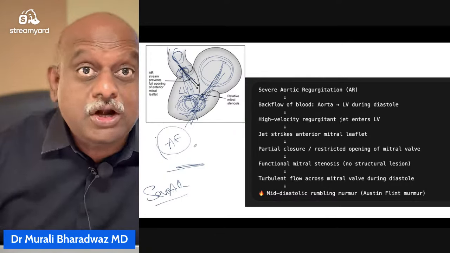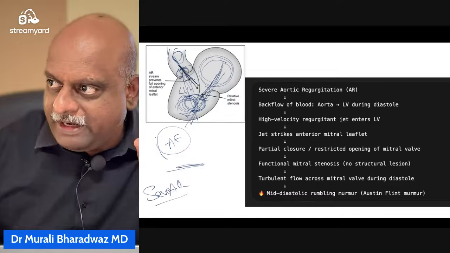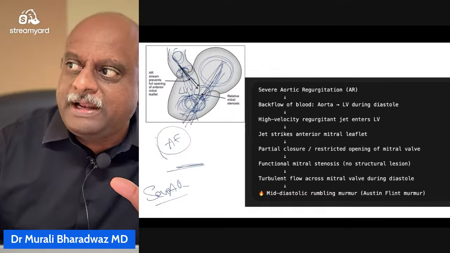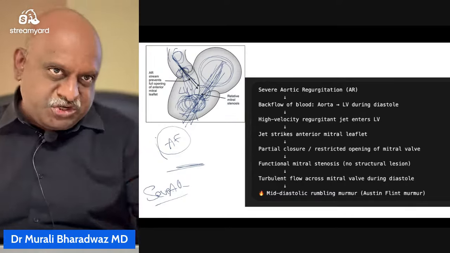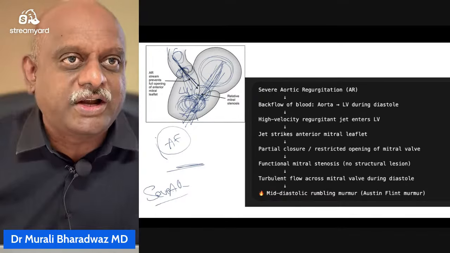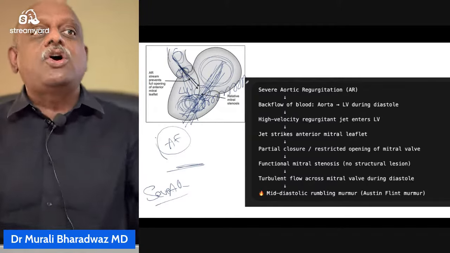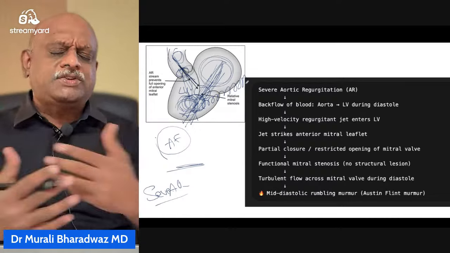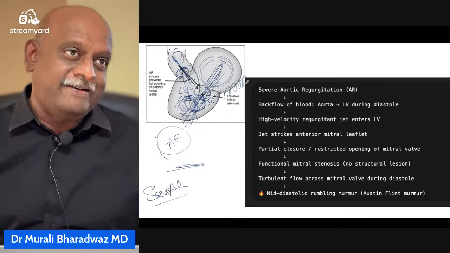Even though the mitral valve is not stenotic, it is normal, the flow which is coming from the left atrium into the left ventricle finds a resistance because of a strong jet, that of the AR jet. And that creates the turbulence which is called the Austin Flint murmur. Henceforth, Austin Flint is a sign of a severe AR, not a mild or moderate AR, is what you need to remember.